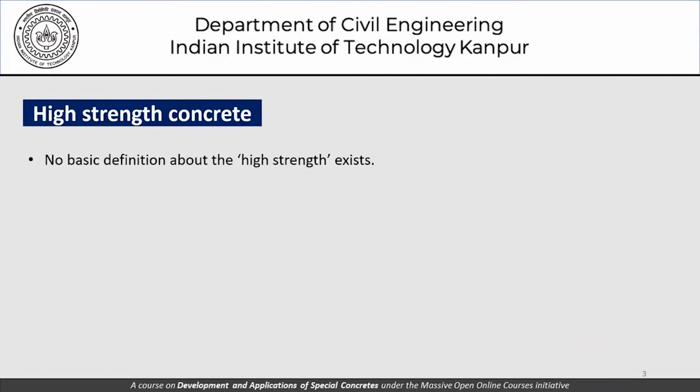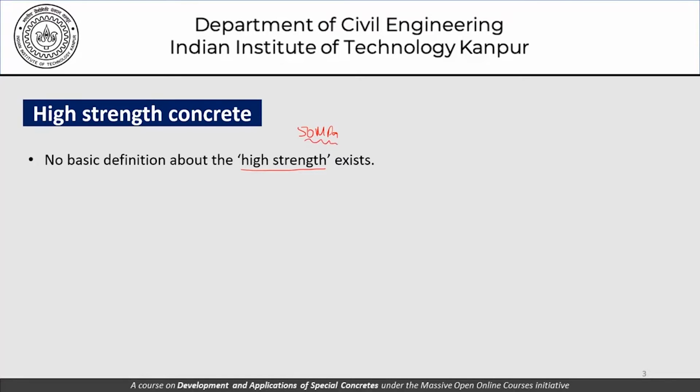So first of all, as we start our discussion on high strength concrete, keep at the back of your mind that there's no definition of what is high strength concrete in terms of the strength. If there were an internationally accepted value, something greater than 50 MPa or 60 MPa or whatever this number is, that is what would be called high strength concrete.